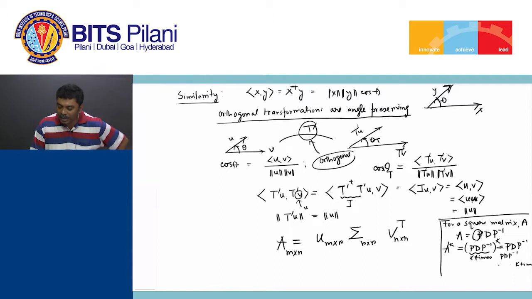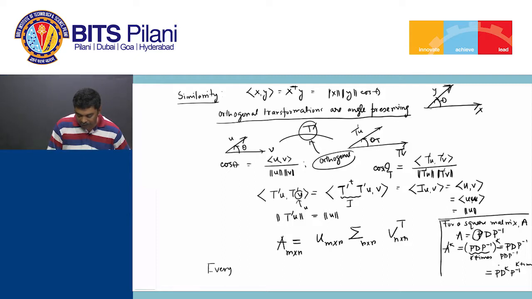Except for the P on the leftmost side and the P inverse on the rightmost side, all the intermediate P and P inverses will yield identity matrices. And you will have a bunch of diagonal matrices, k times. So basically you can write this as P times D raised to the power of k times P inverse. This is far simpler in terms of computing, rather than multiplying the matrix with itself k times. So the idea is every matrix A factors into two pieces.